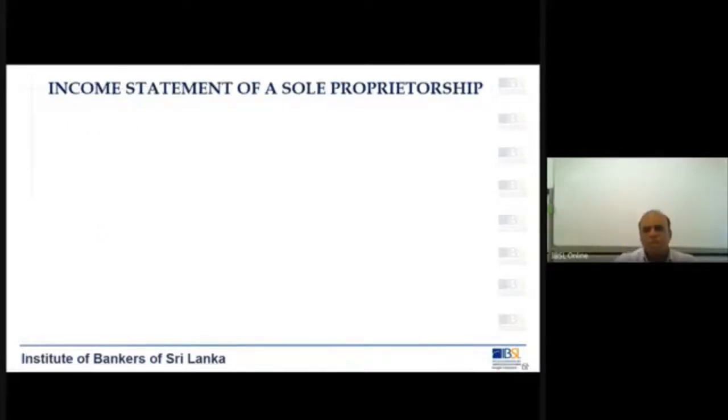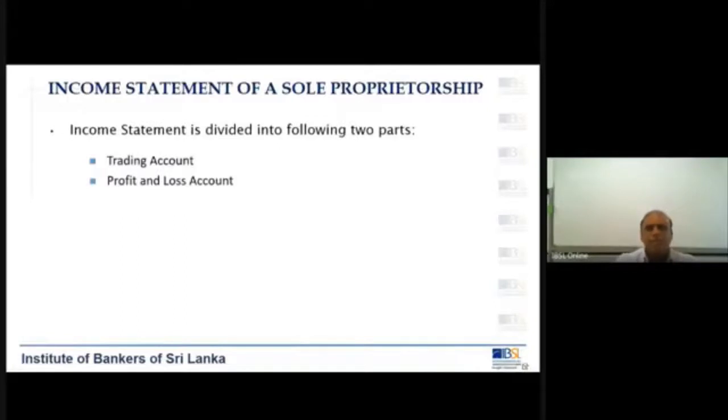So let's look at the income statement of a sole proprietorship. The income statement is divided into 2 parts, namely the trading account and the profit and loss account.